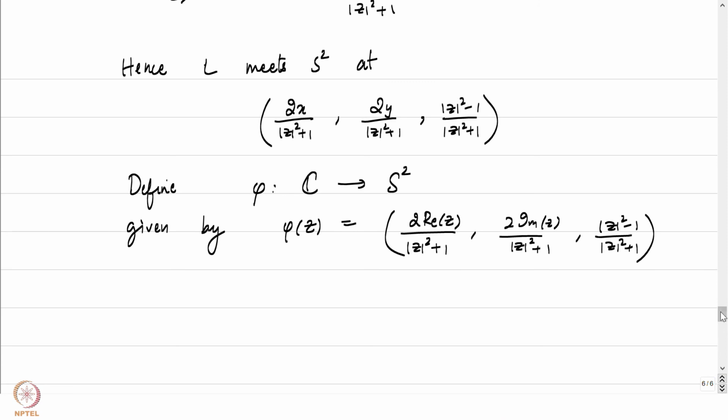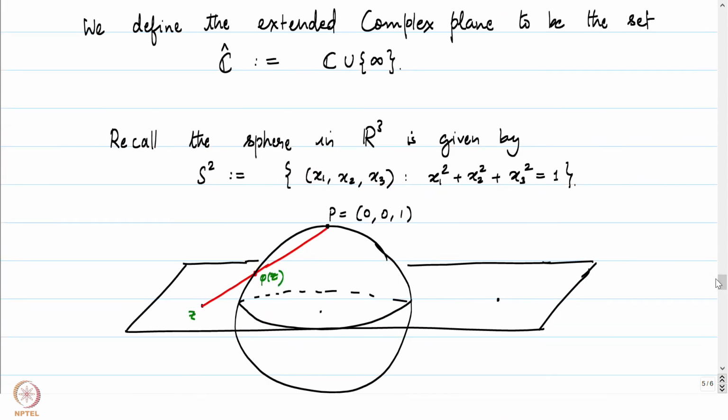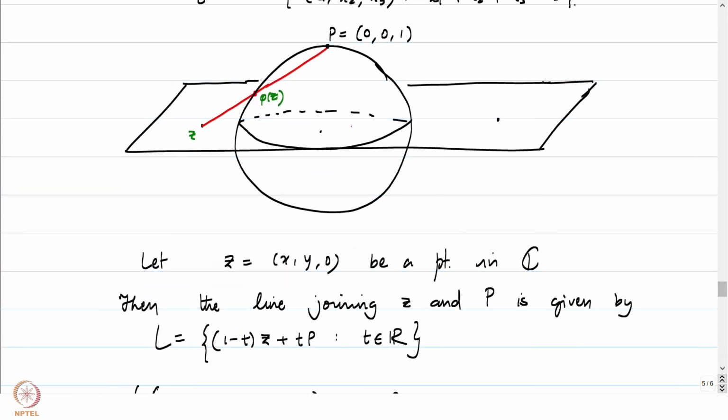If you notice, this map takes every point outside the unit circle onto the upper hemisphere. Any point inside will be mapped.